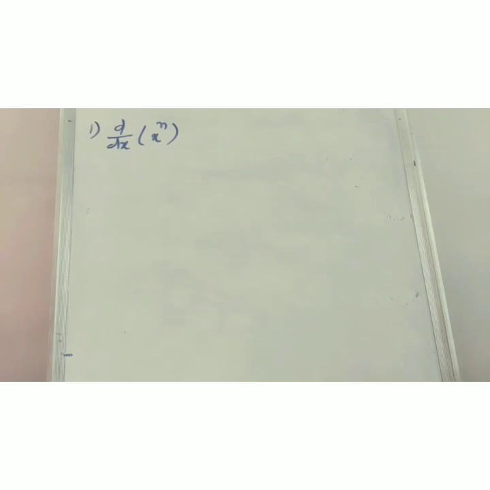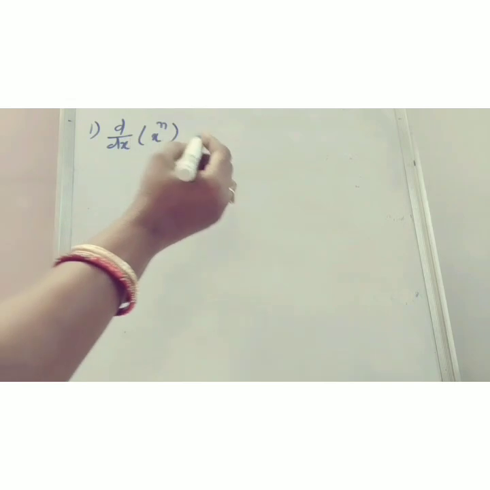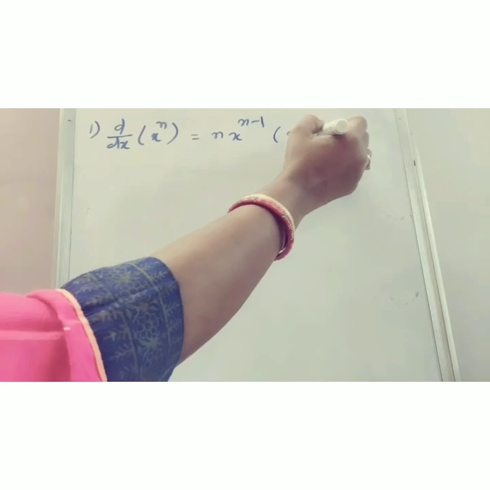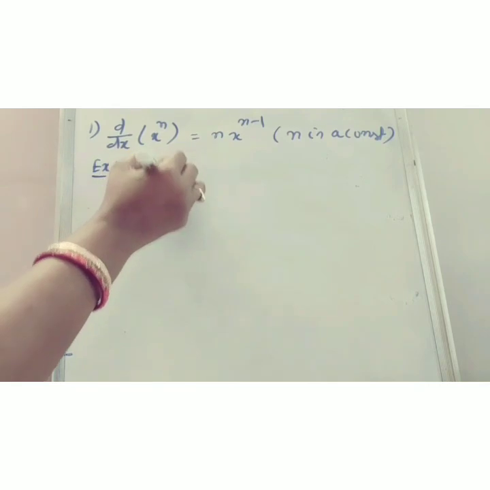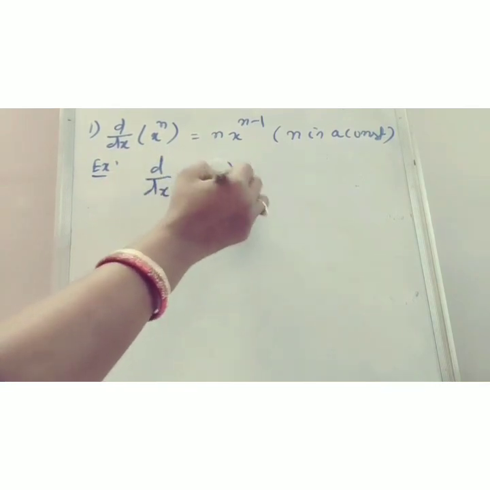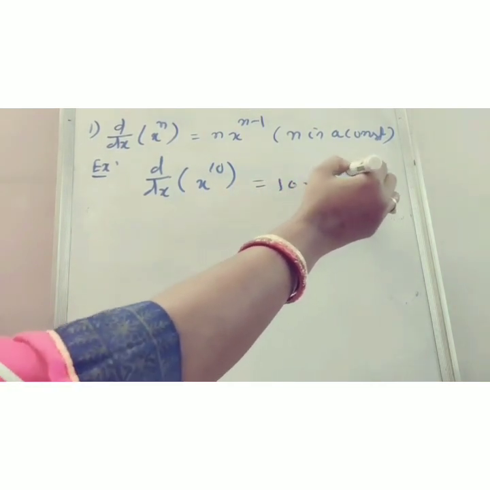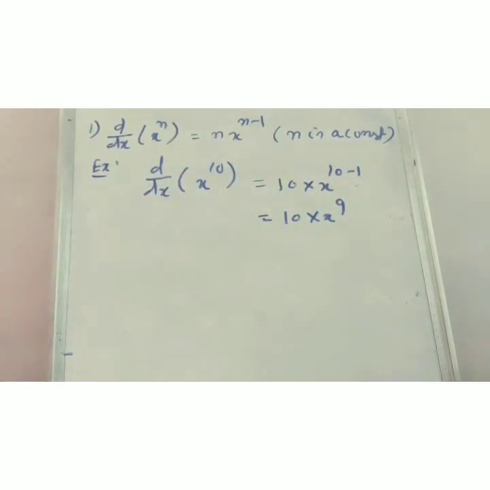It is equal to n into x to the power n minus 1, where n is a constant. Example, what is d by dx of x to the power 10? Since 10 is a constant, this becomes 10 into x to the power 10 minus 1, that is equal to 10 into x to the power 9. This is the answer. Now let us move on to the second formula.